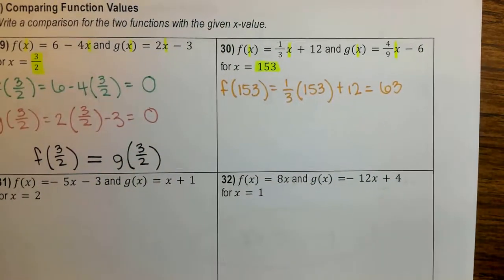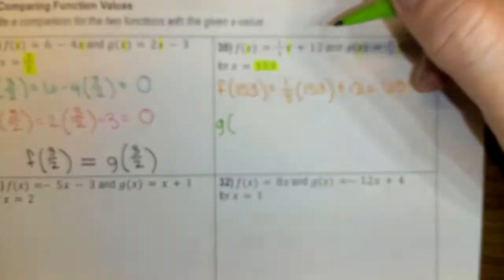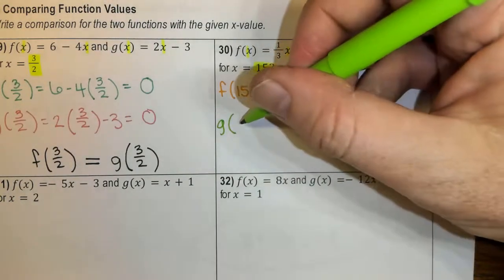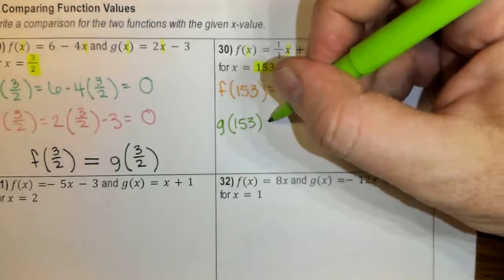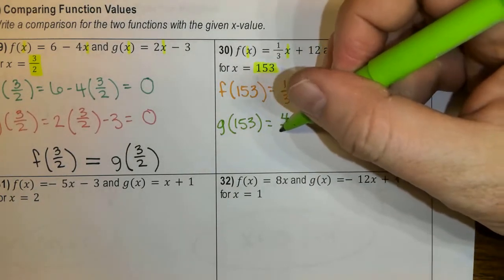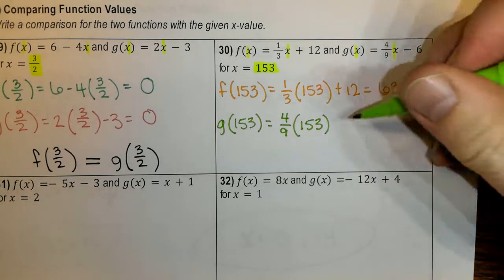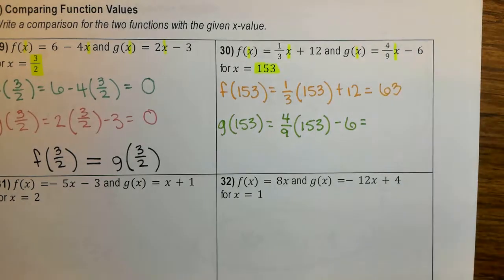Okay, so that's my f of 153. Now I need to do g. So I have g of, instead of x, I'm going to write 153 equals. Now this one's different, so 4 over 9 parentheses 153 minus 6.